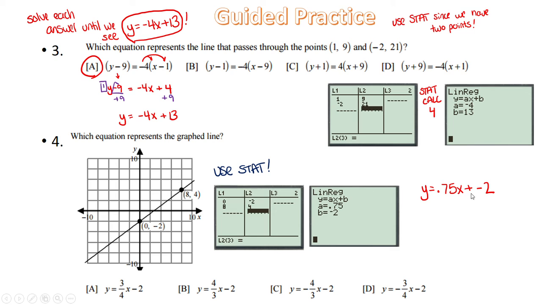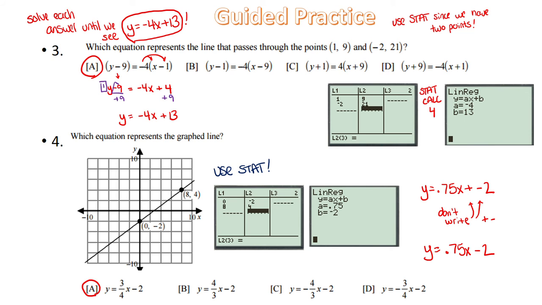You may be tempted to write plus -2 in your equation, but there's a rule in math that you never want to write plus negative a number. Whenever this comes up, you just want to write minus that number. Okay? Now, that 0.75, if you convert it to a fraction, is the same thing as 3/4. So now I have that answer.